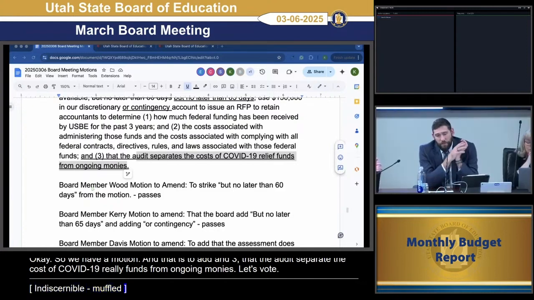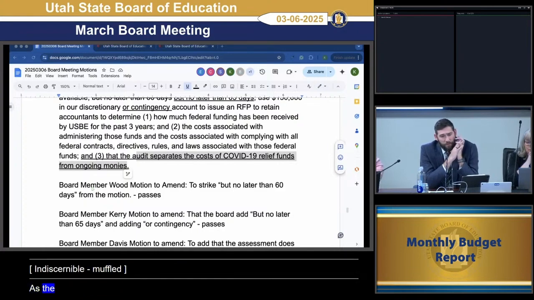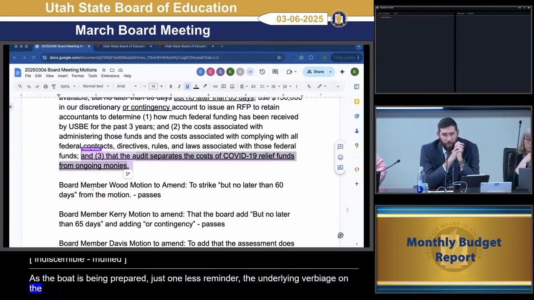As the vote is being prepared, just one last reminder on the underlined verbiage on the screen here, we're amending to add 3, that the audit separates the costs of COVID-19 relief funds from ongoing monies.